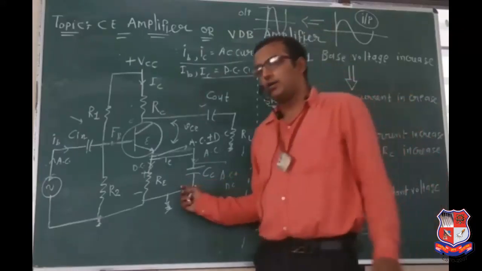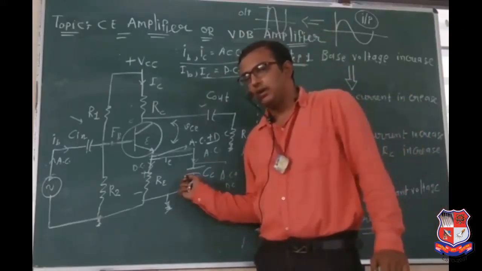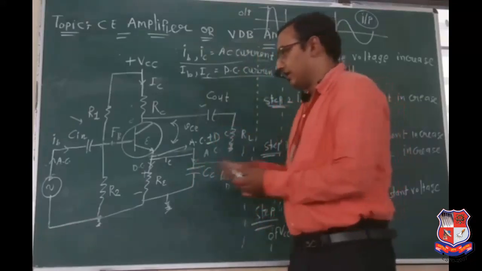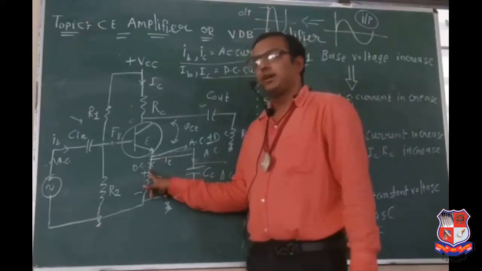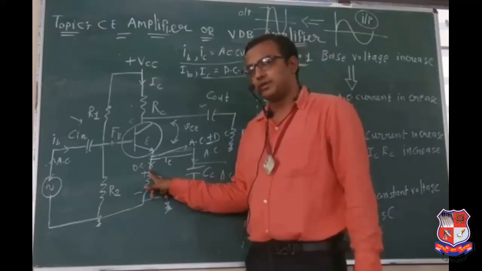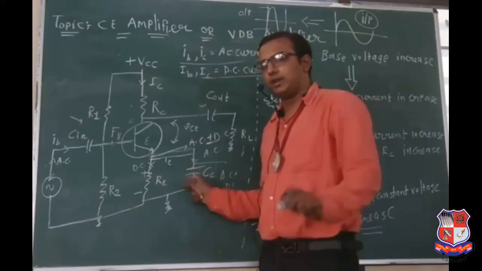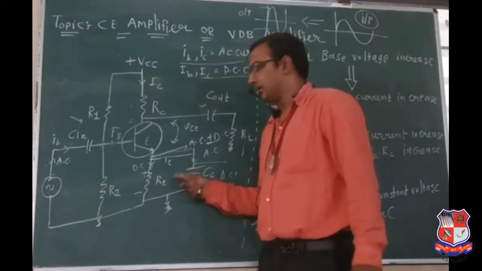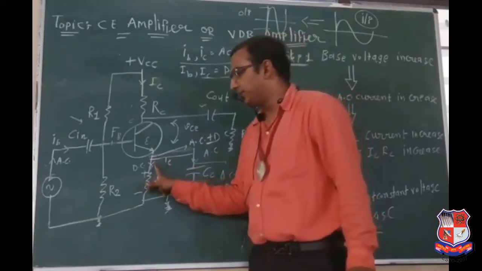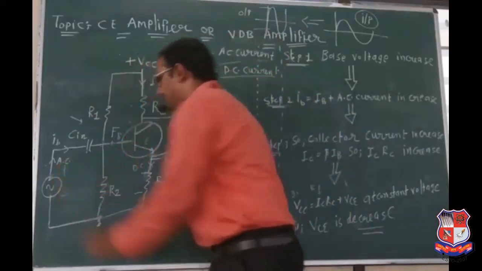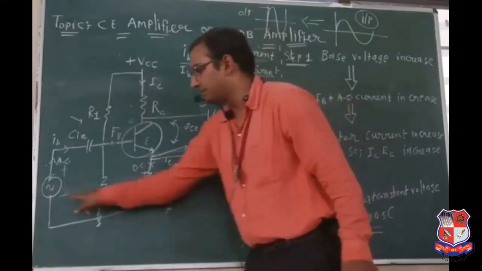But if we do not put a capacitor here, then AC plus DC current can also be passed through the resistor. Assume that we do not put a capacitor here, then see this polarity: plus, minus, minus, plus.